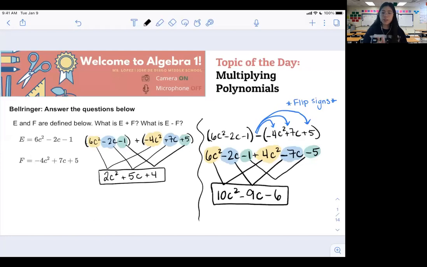So take a look at the answers for the bell ringer and let me know if we have any questions. There's a lot of silence today. I think Chris and Melanie and Wenchley were in there in the chat as well as Daniela, but I have a lot of students here. At this point, everybody here should feel very comfortable doing what we just did.